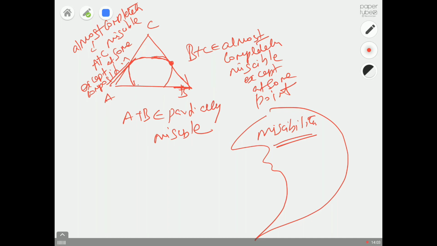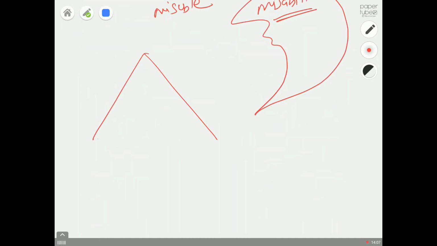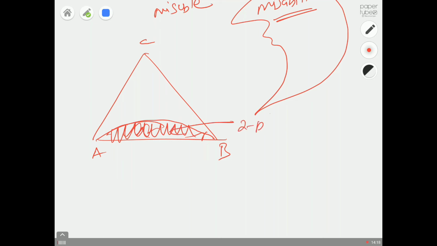Okay, one more thing I forgot to say. This one, we already saw this type of system, C, A, B. This is the one we already plotted. Whatever you see under this curve is a two-phase region.